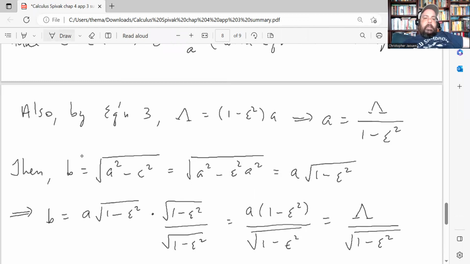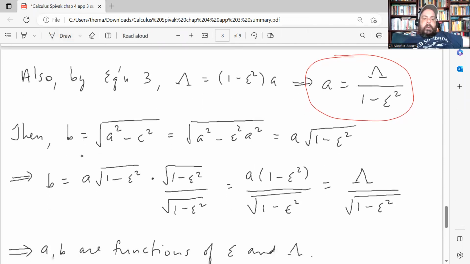So we get that a is equal to lambda over 1 minus epsilon squared. Okay, and then also we can write b in terms of lambda and epsilon. So b we know is the square root of a squared minus c squared, but we know that c is epsilon a, so that's the same thing as a squared minus epsilon squared a squared, which is, when you factor everything out, equal to a times the square root of 1 minus epsilon squared.